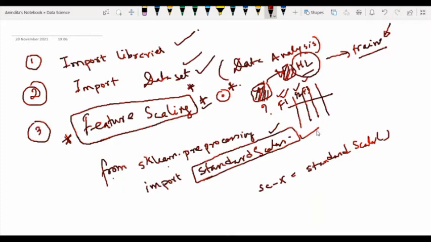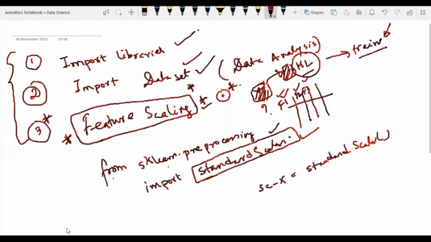So here we always have to normalize the data into some limited range. So my point is, whenever you are using support vector regression, you have to explicitly write the feature scaling code so that you can normalize your data into some limited range. That's why feature scaling is mandatory here.